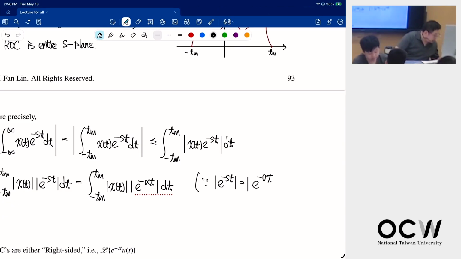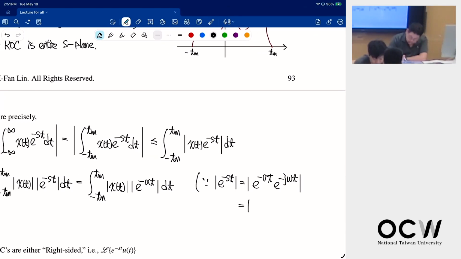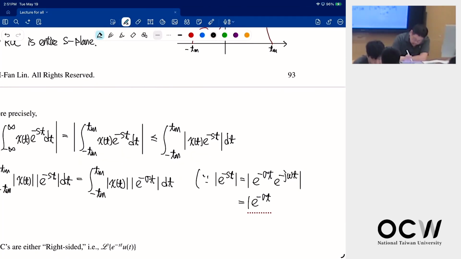We use sigma, and also e to the minus j omega t. So here we need to change that to sigma, because the absolute value of the complex exponential is 1.